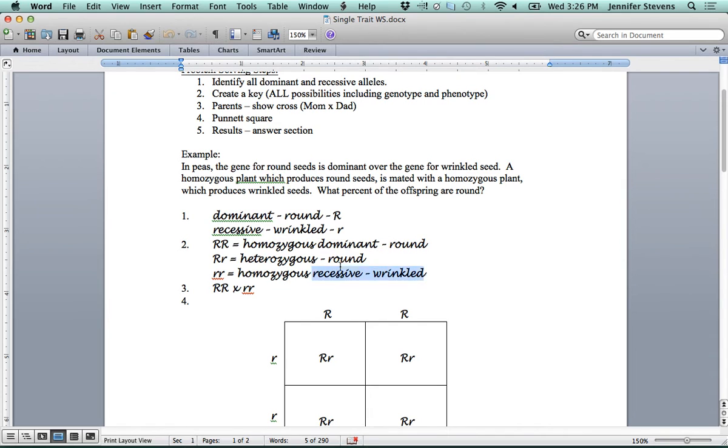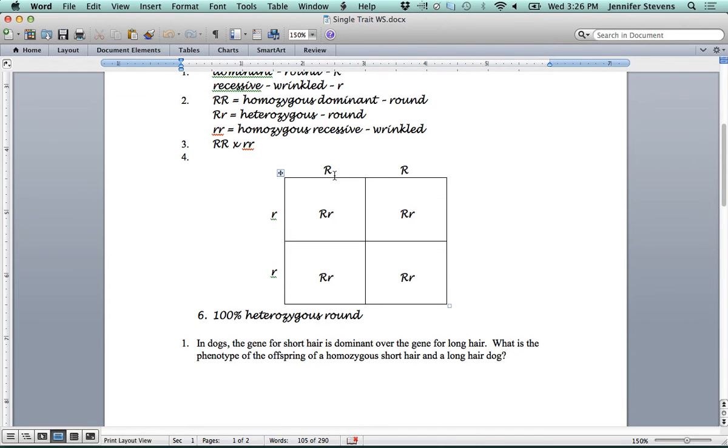So homozygous, wrinkled is right here, little r, little r. So you have to go back and figure out, what are they telling me? Which parents do I have? So because I'm crossing big R big R with little r little r, now I do my Punnett square, and I do segregation here, and then recombination on the inside.